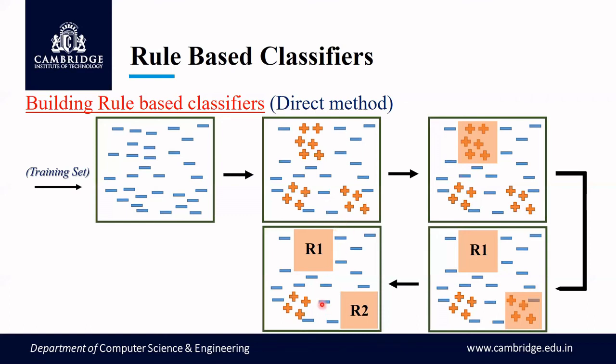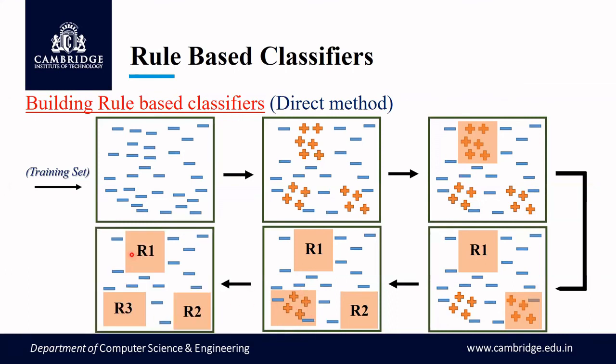Remember that. Here I still have some positive records, so I don't have any other option. I have to cover it, whether it has negative records or not. I tried my best to reduce the coverage of negative records, but I was able to reduce it only to a maximum of 2 negative records. So I take this as rule 3 and eliminate all these records.